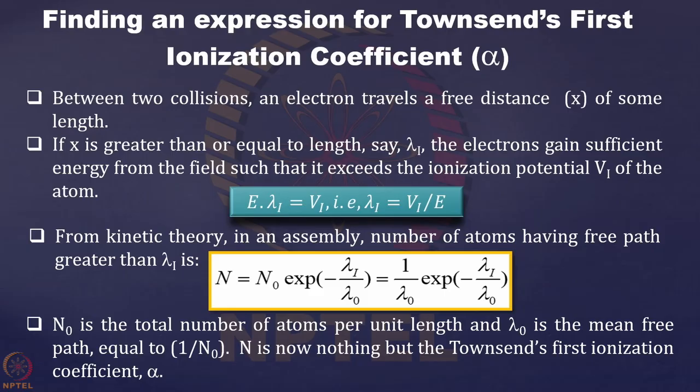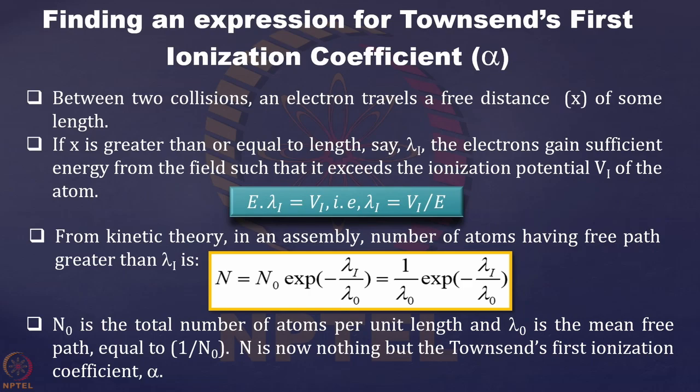Now the electrons are colliding. The mean free path depends on the number of molecules per unit length, the number of atoms per unit length. If more are there, definitely the free path will be reduced. So first we need to find an expression for the free path x.